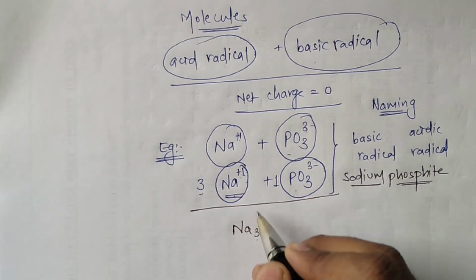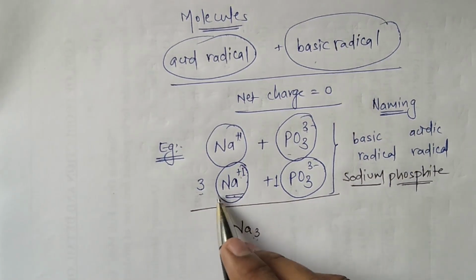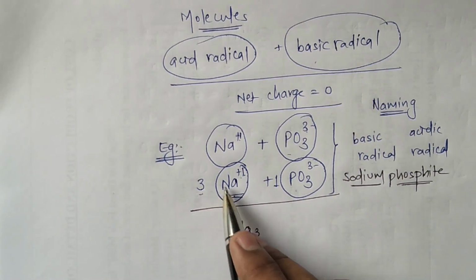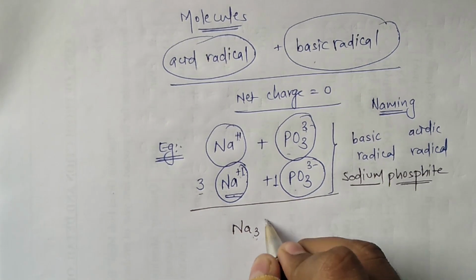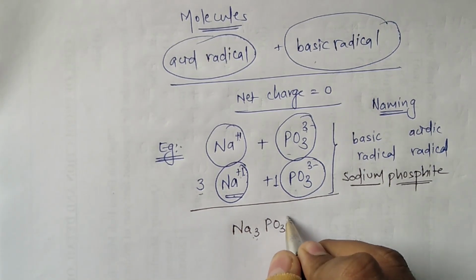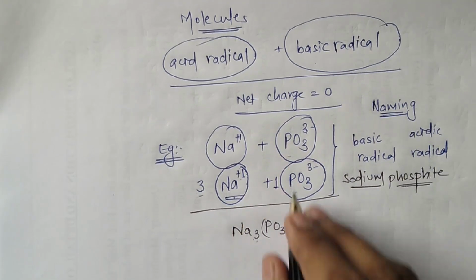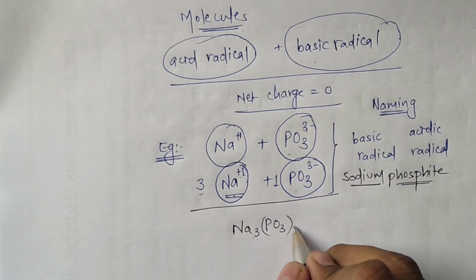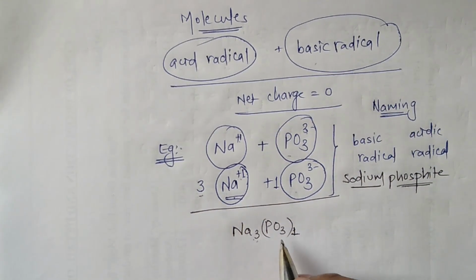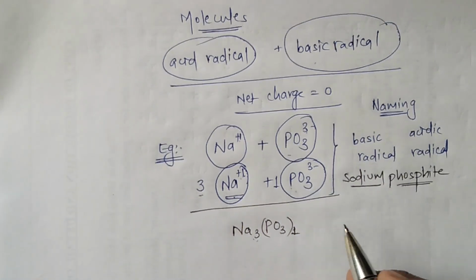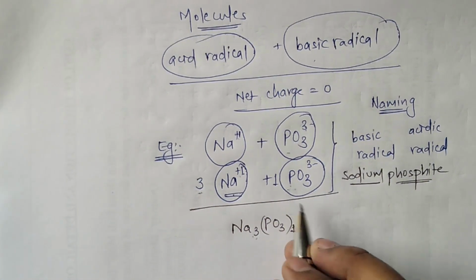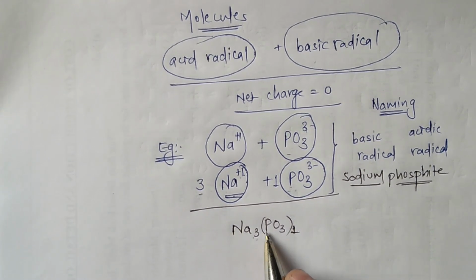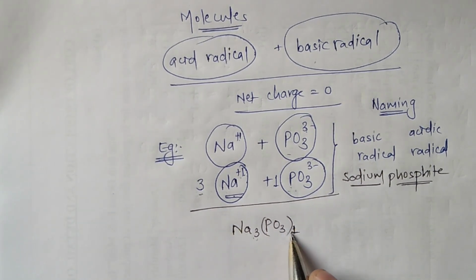I'll be using 3 atoms of Na, so Na3, and one whole acidic radical, so this will be PO3 with 1.